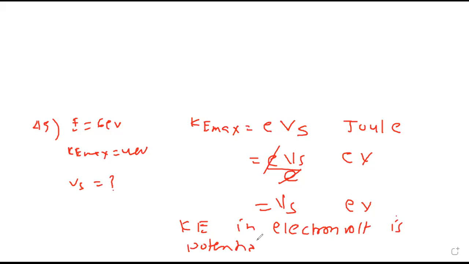So no need of calculation. Directly I can write Vs is 4 volt. You followed this line? Yes, sir. Directly you can remember kinetic energy is stopping potential when it is in electron volt. So direct 4 volt is our answer.